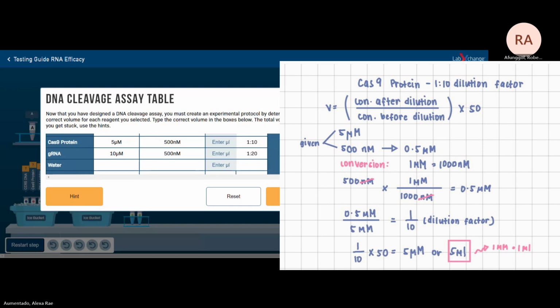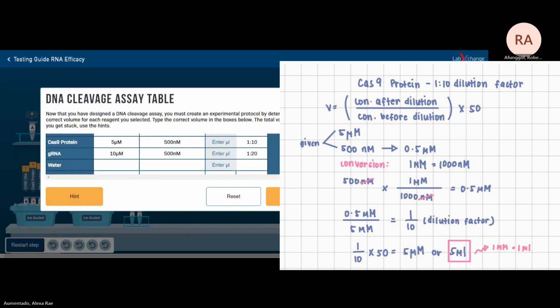So 500 times 1 micromolar divided by 1,000 nanomolar is equals to 0.5 micromolar. We will divide now the 0.5 micromolar into the given of 5 micromolar, in which 0.5 micromolar divided by 5 micromolar is equals to 1:10, in which this is our dilution factor.